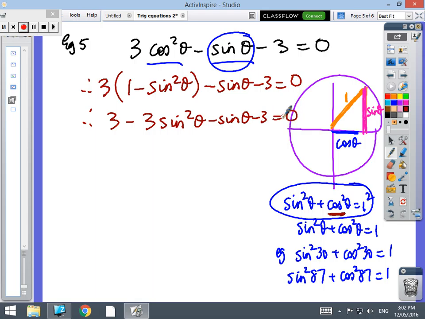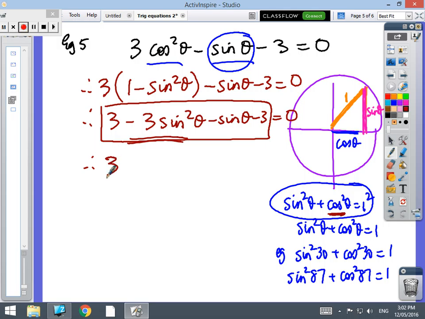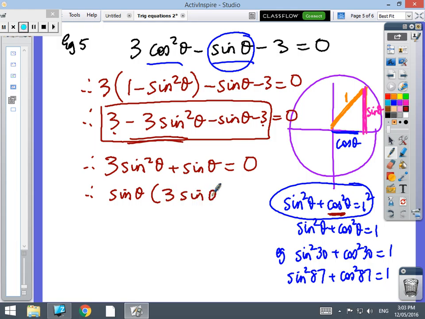I don't like negative squared, so take everything to the other side. Take the 3 across, so that becomes a plus, and 3 minus 3 is 0. Then sine theta is the common factor: sine theta times 3 sine theta plus 1 equals 0. So sine theta equals 0 for the first one, or to solve the second, you get minus 1/3.